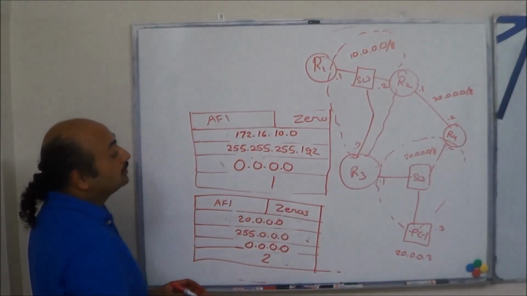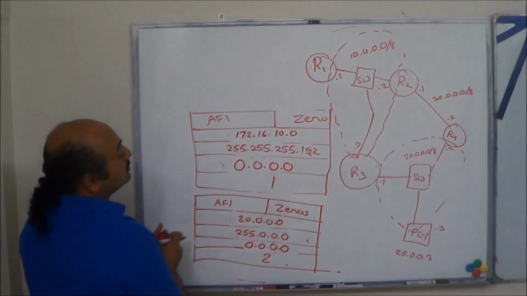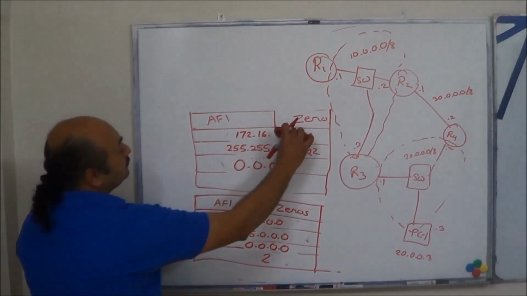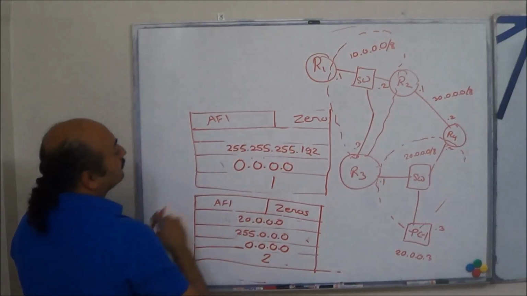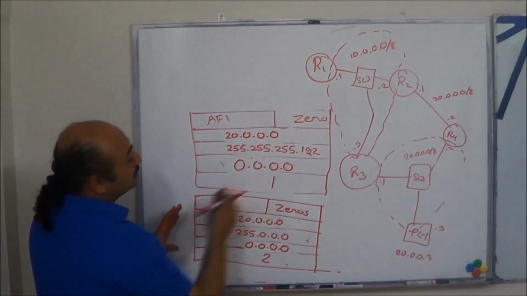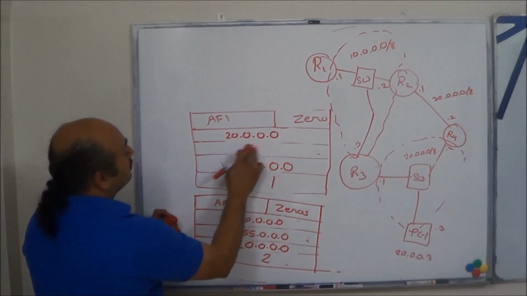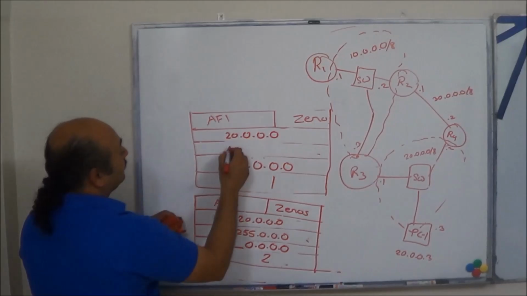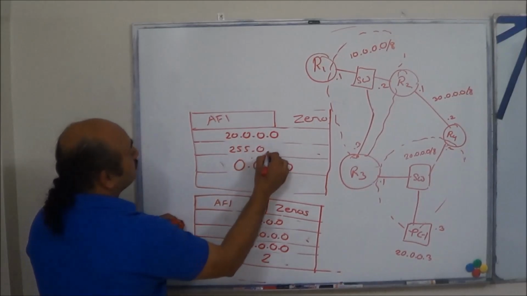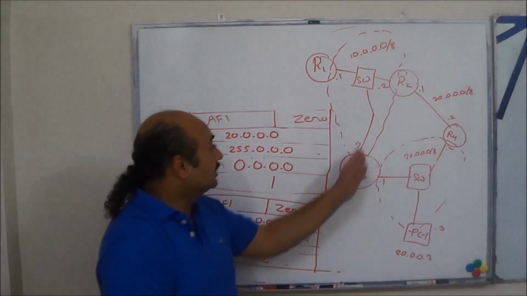And in this case, what will it do? The hop count of 1 is the one which will come from here.